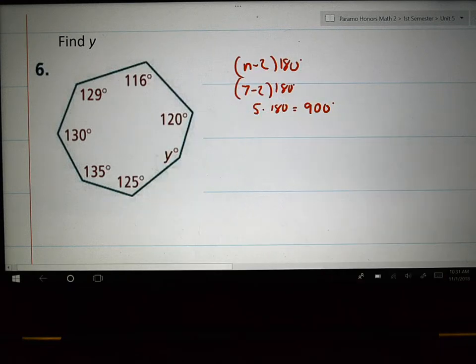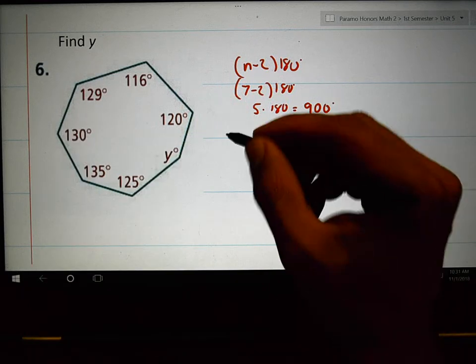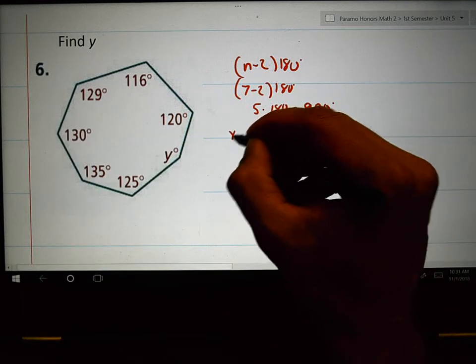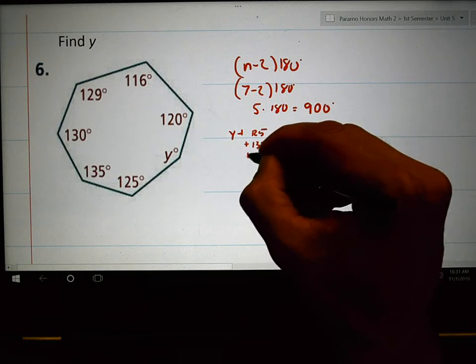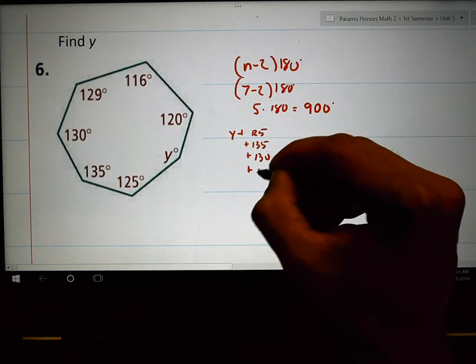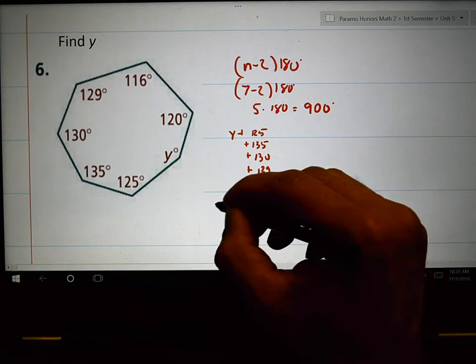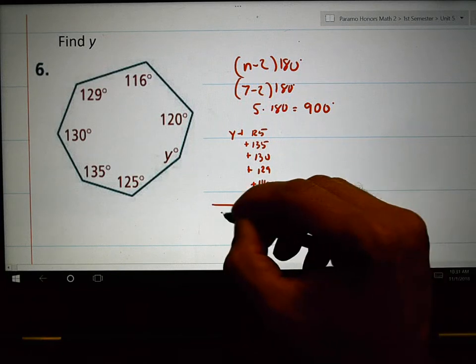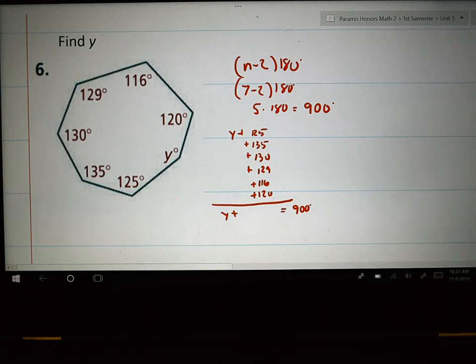That's what all of these need to add up to be. So then I can create an equation using that first formula. I can say y plus 125 plus 135 plus 130 plus 129 plus 116 plus 120. All that should add up to 900 degrees. Because these numbers are so big, I recommend that you use a calculator throughout this first section.